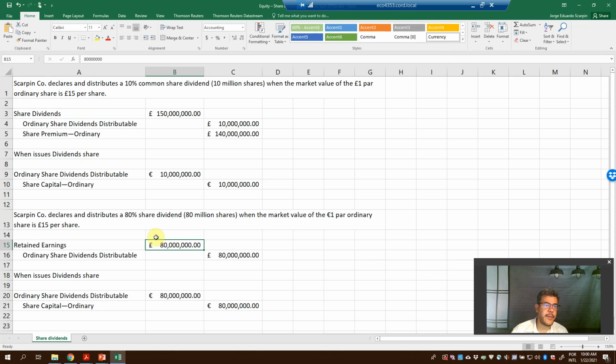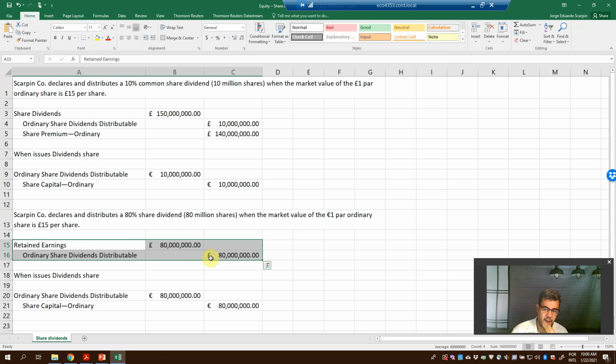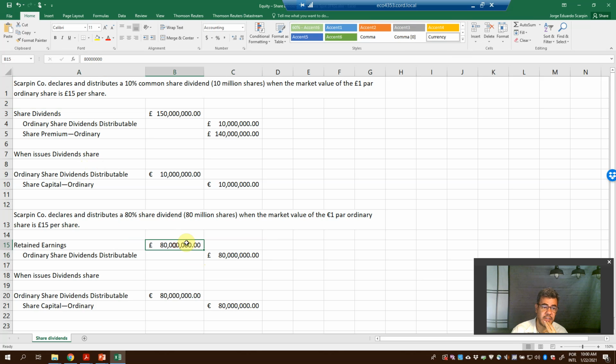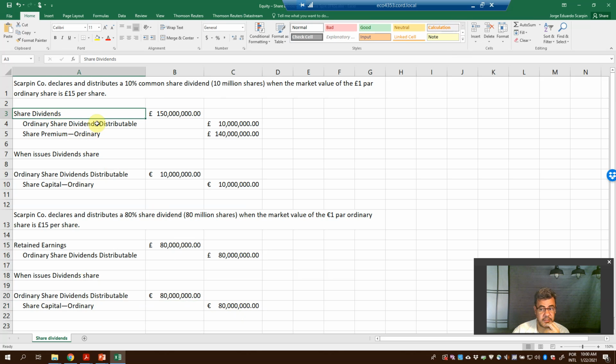And we do the same, just like a cash dividend here: retained earnings debit, ordinary shares credit, and then when we issue it, ordinary shares and share capital ordinary. And for the small share dividends, our debit is not retained earnings, it is share dividends. That is a contra account of retained earnings, but we disclose both.